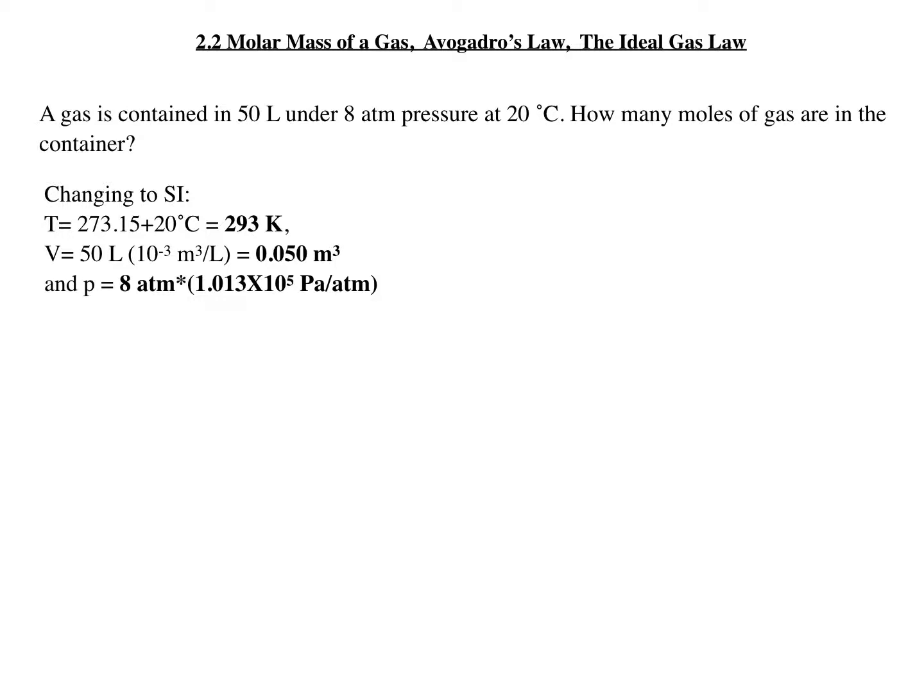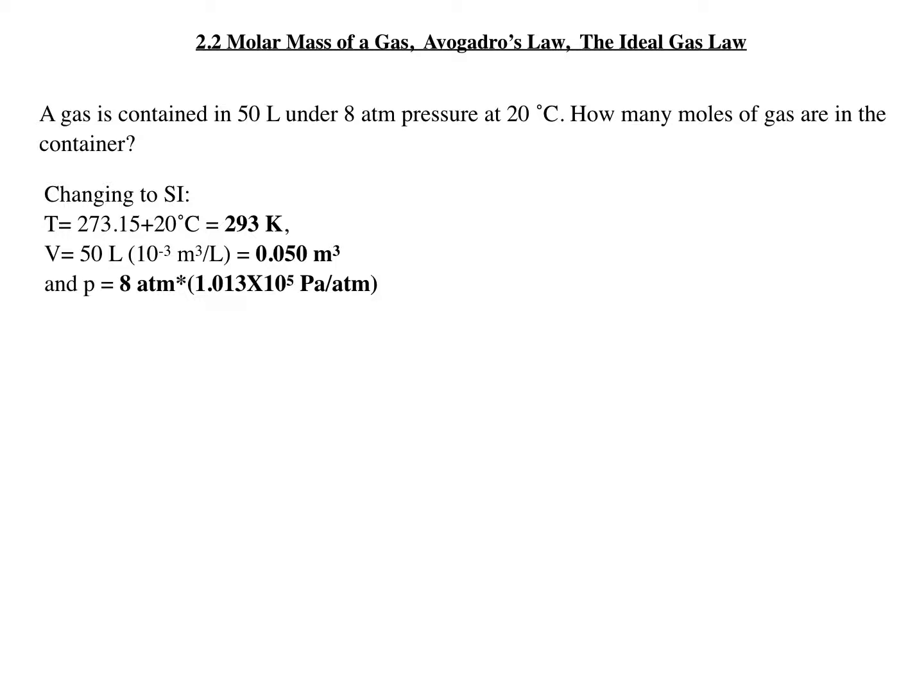So temperature T, capital T, in Kelvin scale is equal to 273.15 plus 20 degrees centigrade. That's our conversion factor. So it gives us 293 K, which is bolded to illustrate the new number. The volume is given in 50 liters, and we need to convert that into standard units of cubic meters, which I've done here.